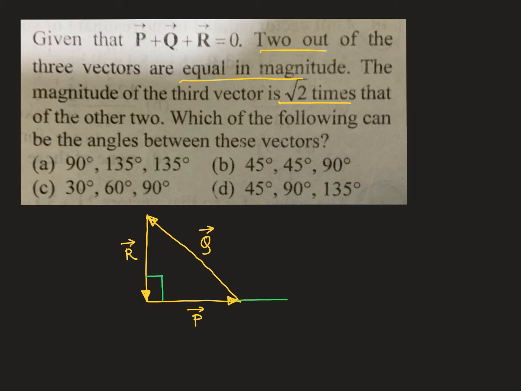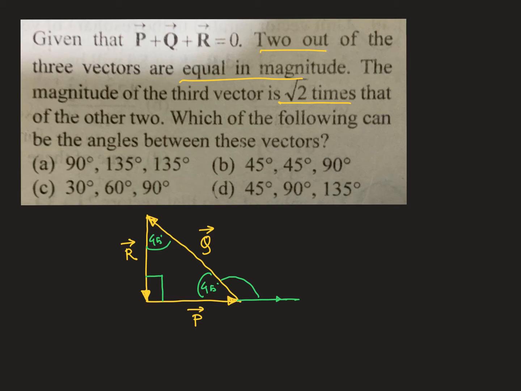So what is the angle between P and Q? Note the directions of P and Q. Direction of P is this, direction of Q is this.